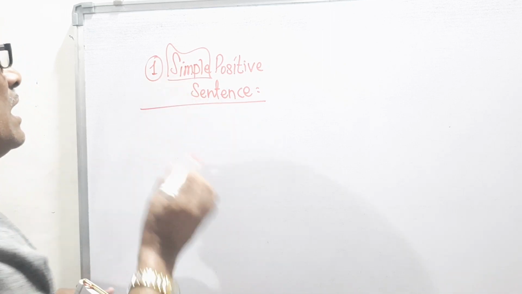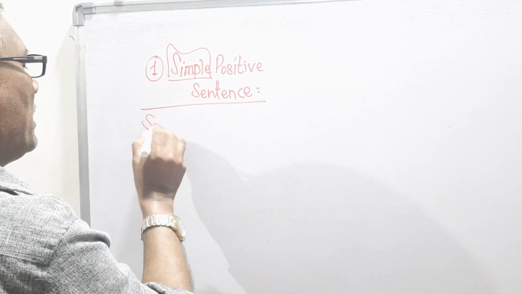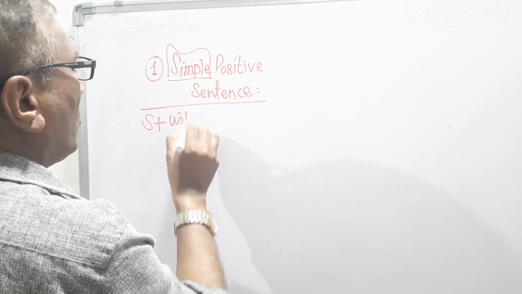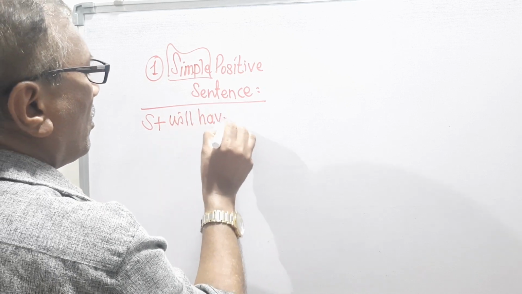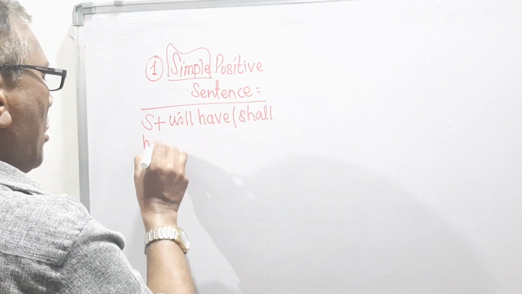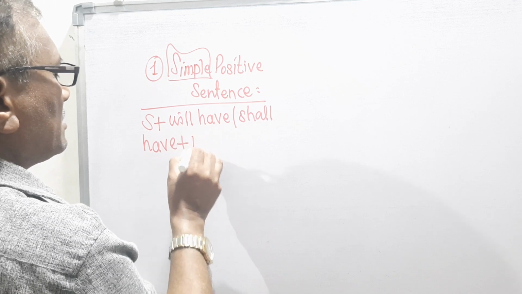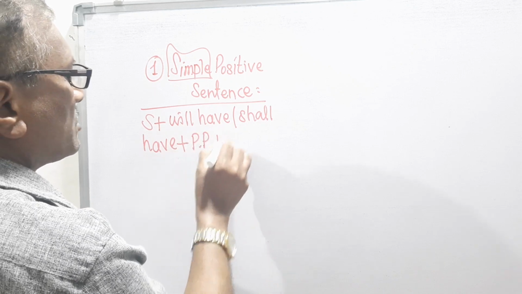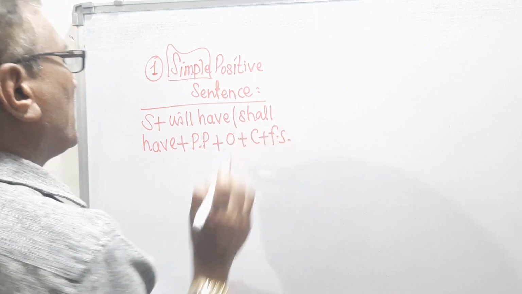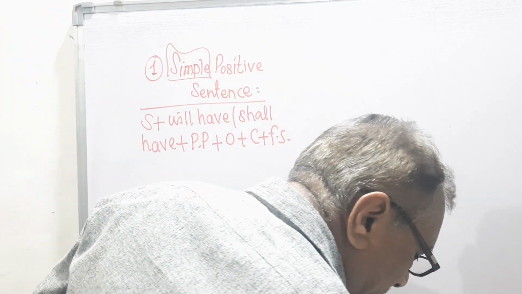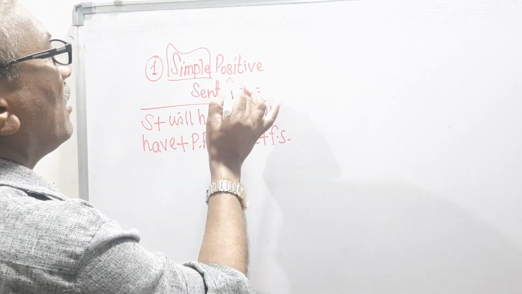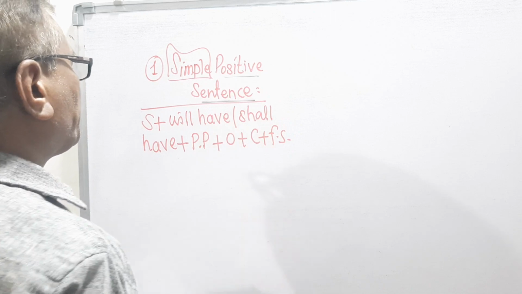Simple means, I will tell you, there is the subject plus there is will have or shall have plus there is the PP plus object and plus complement and plus full stop. This is the particular structure, and this structure is the simple positive structure.